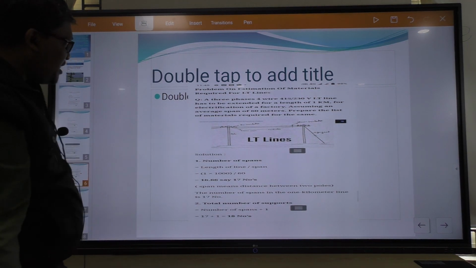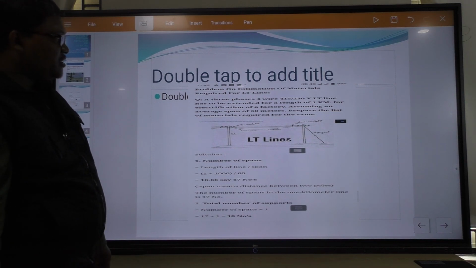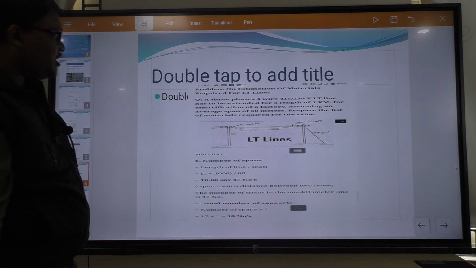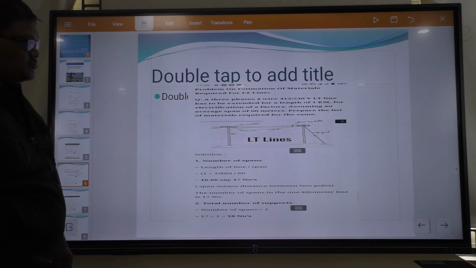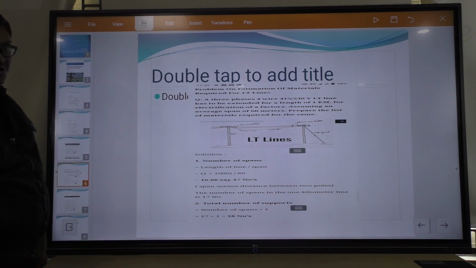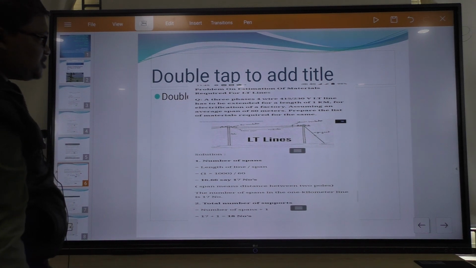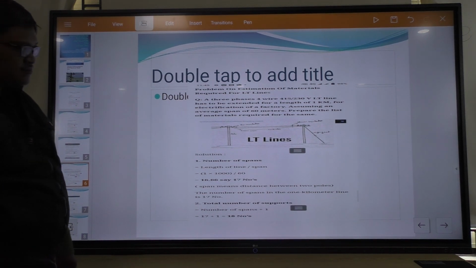The problem is like this: a 3-phase 4-wire 415 by 230 volt LT line has to be extended for a length of 1 kilometer for electrification of a factory, assuming an average span of 60 meter. Prepare the list of materials required for the same.